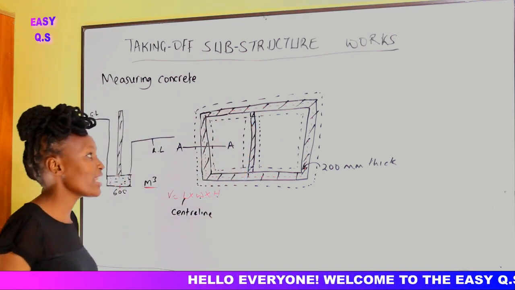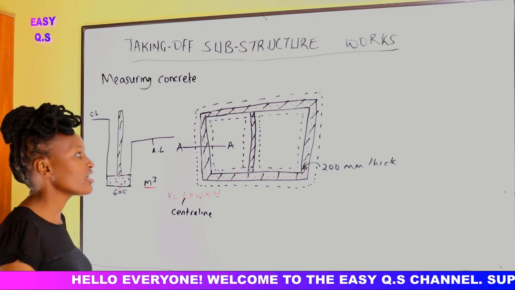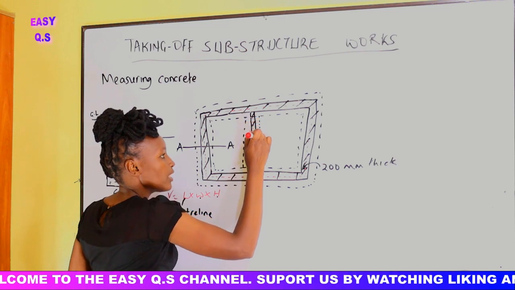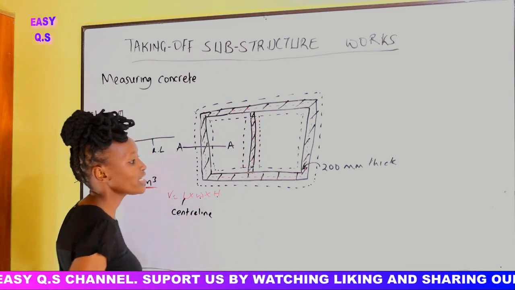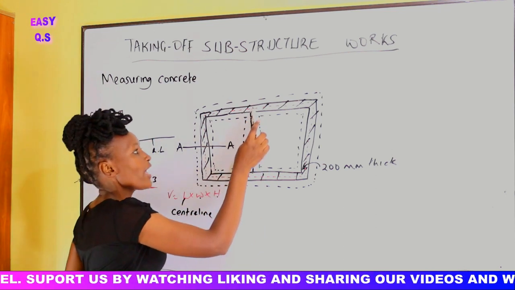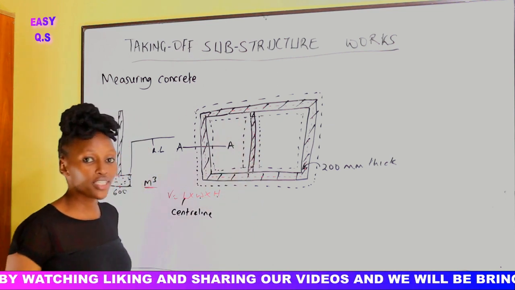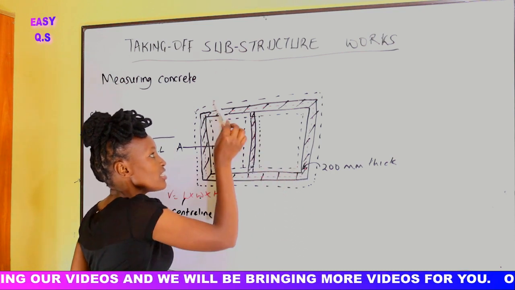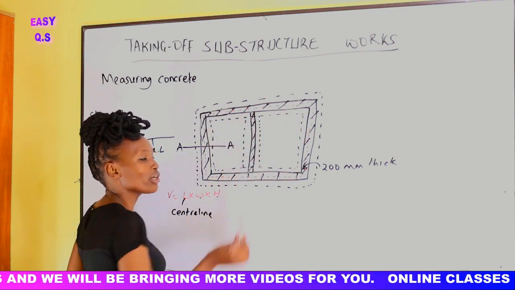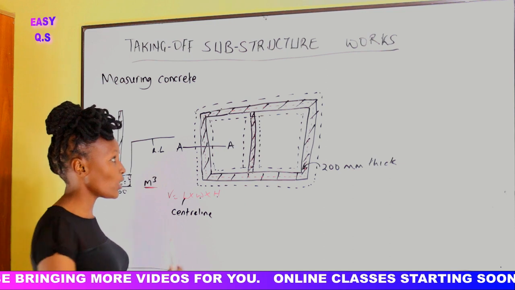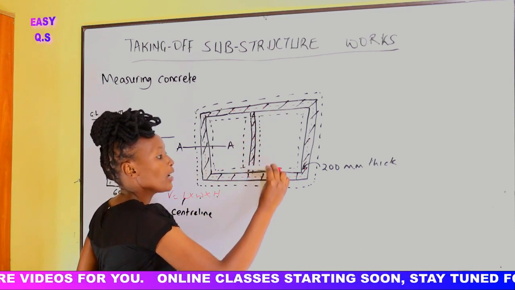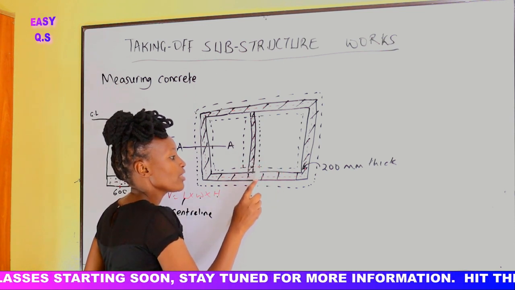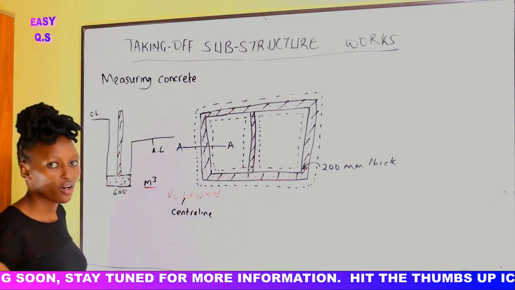So we shall take the center line of this trench, which is at the center. Not from here up to here, because this whole area already has concrete. So when we are accounting for the concrete in the internal wall, we shall measure from here up to here. So this shall be the length times the width times the thickness of the concrete.